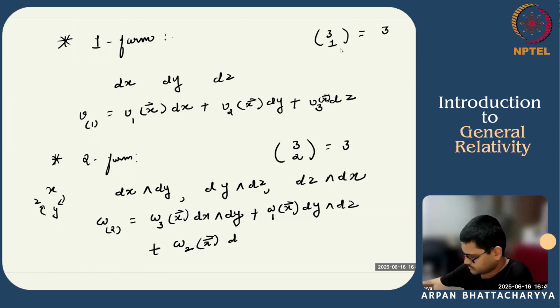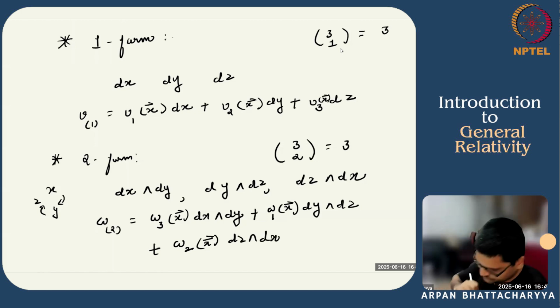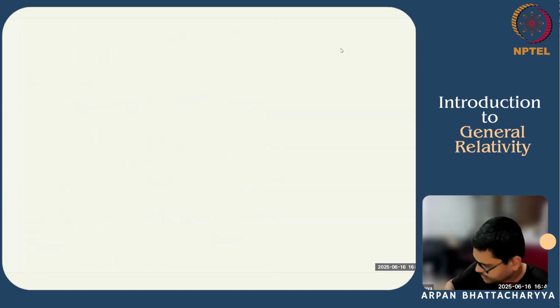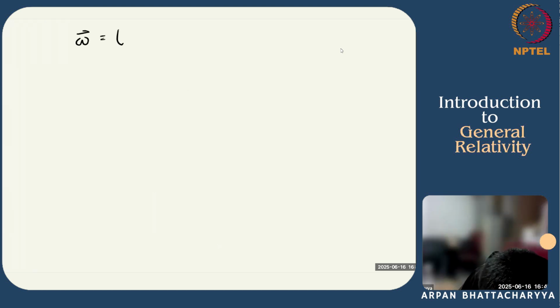Here, note that we have written this component in a slightly unusual way compared to what we discussed in the class. Why have we done that? Because we can then identify these components as the components of a 3 vector in three-dimensional Euclidean space.